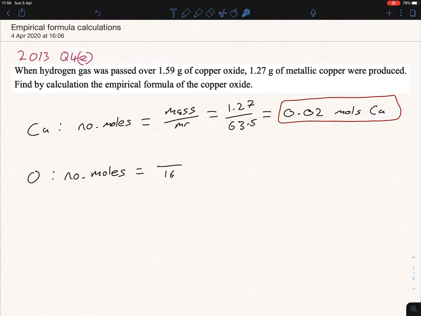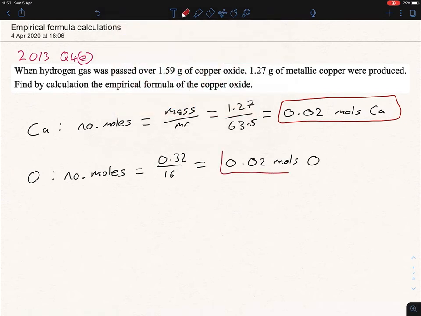So if we simply get 1.59 minus 1.27, I'm putting that into my calculator now, we're left with 0.32 grams. Now that 0.32 must belong to the oxygen. So 0.32 divided by 16, and you get 0.02 moles of oxygen. And again, we'll put a little box around that.